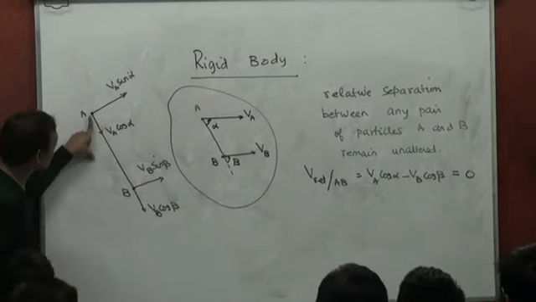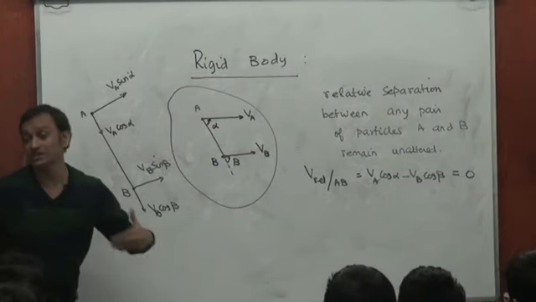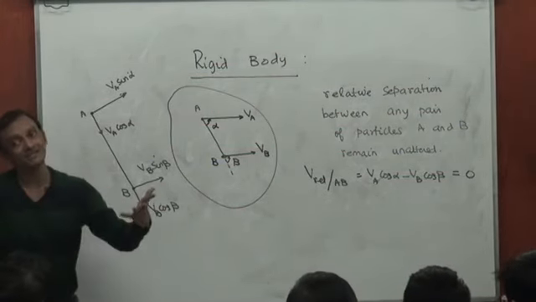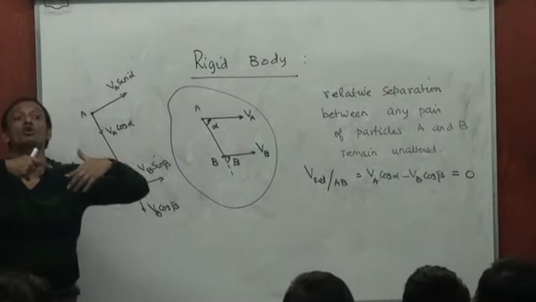Means their velocity components along the line of their join must be the same, so that their relative velocity along AB is zero.